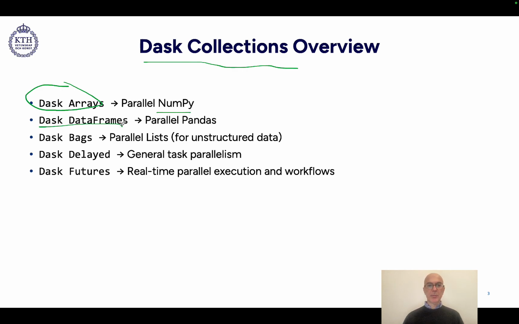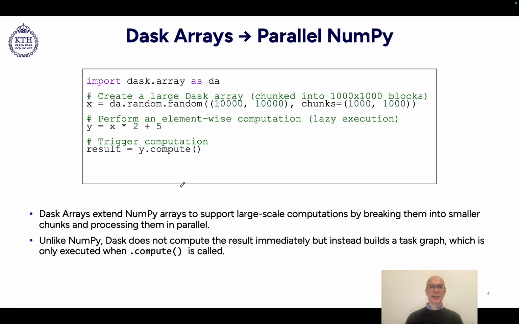Then Dask data frames, which are an extension of pandas data frames, bags, which can be thought of as parallel lists, Dask delayed, which enables general task parallelism, and last but not least, Dask futures, which are quite convenient when doing real-time parallel execution and workflows. So let's start first with Dask arrays.